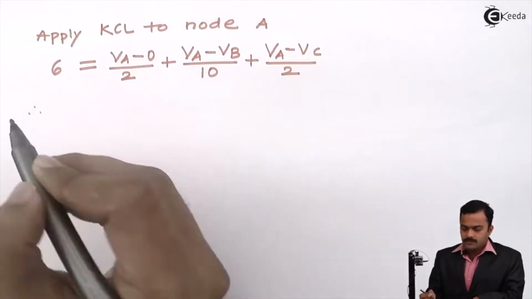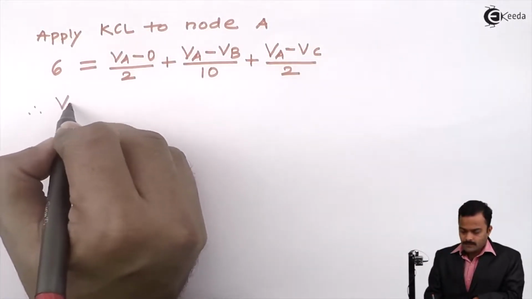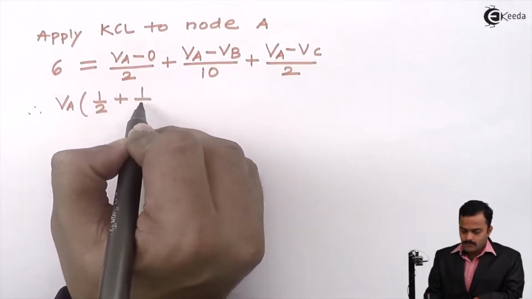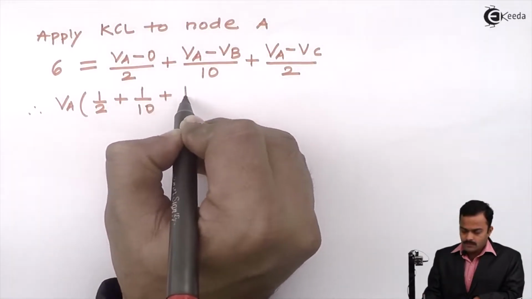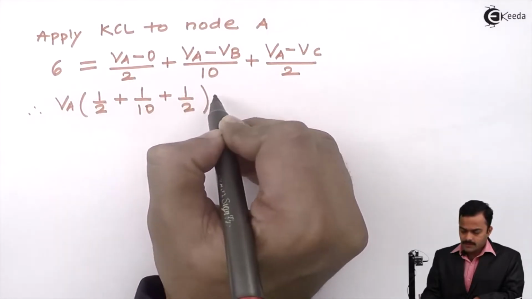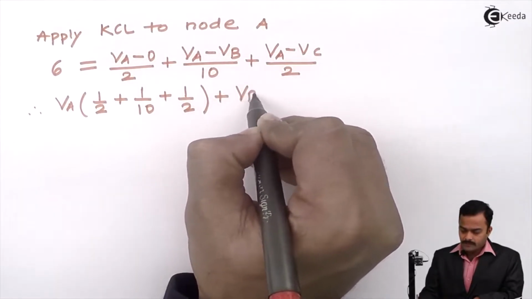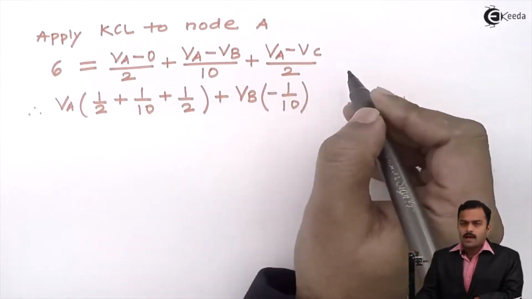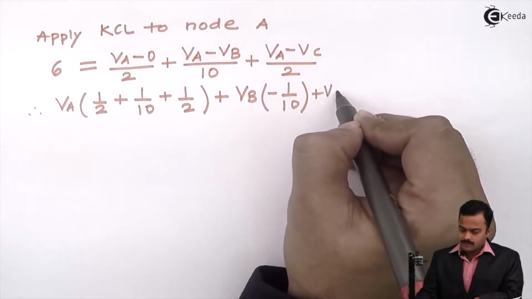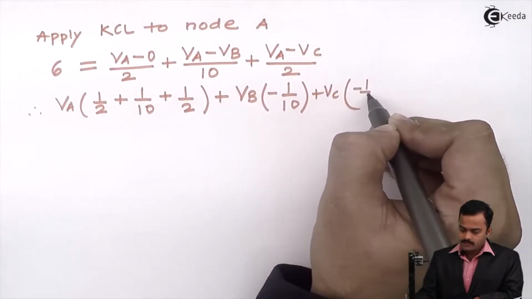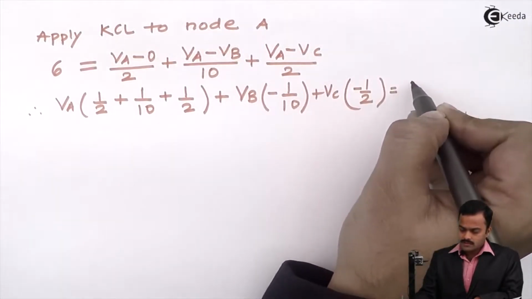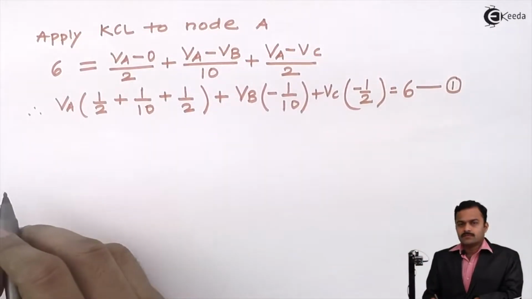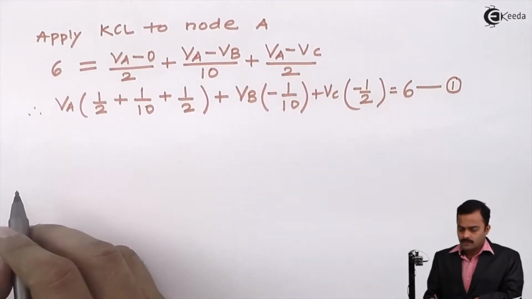Let's simplify. So I will get VA coefficients 1/2 plus 1/10 plus 1/2 once again. Coefficient of VB is minus 1/10 and coefficient of VC is minus 1/2. Constant is 6 ampere. This will give you equation number 1.